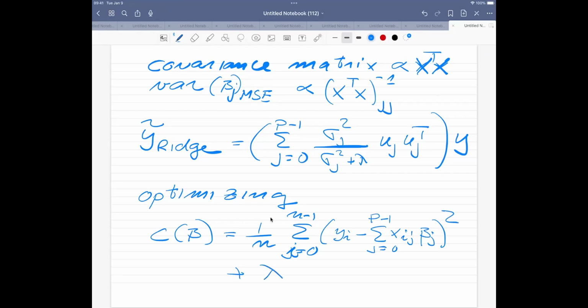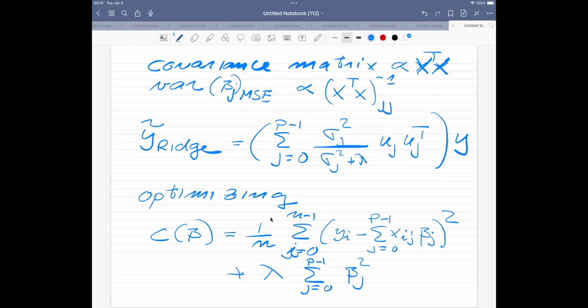So we have a parameter lambda, multiplied with the sum from j equals 0 to p minus 1 of beta_j squared. So what we are doing then is to optimize a different problem. And this comes with some pros and cons, which we are going to discuss now. But first, we're going to look at the simpler case.